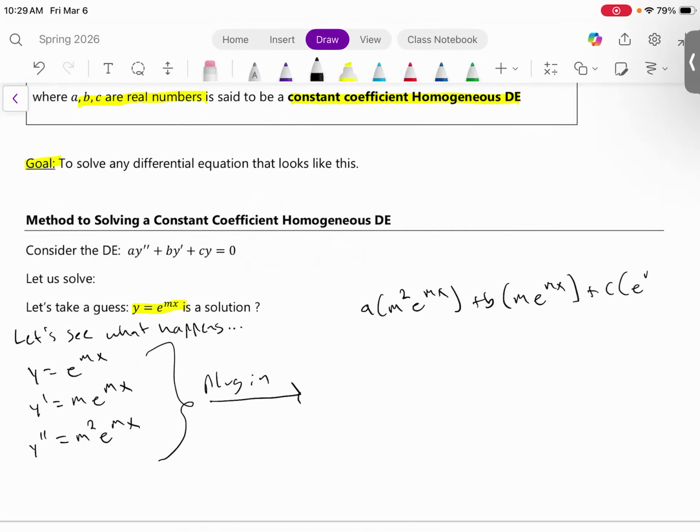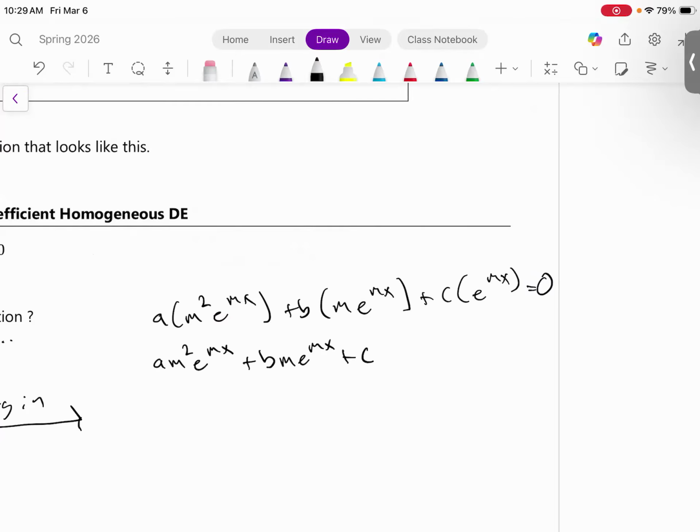And so let's clean this up a bit. Get rid of these parentheses. We have a m squared e to the mx, b m e to the mx plus c e to the mx equals 0. Okay, so one thing they all have in common is this e to the mx. So I'm going to factor out an e to the mx.